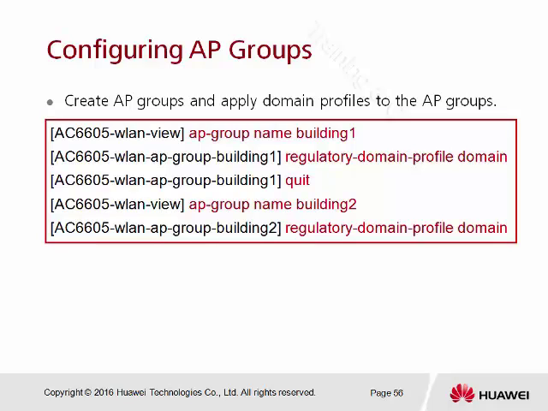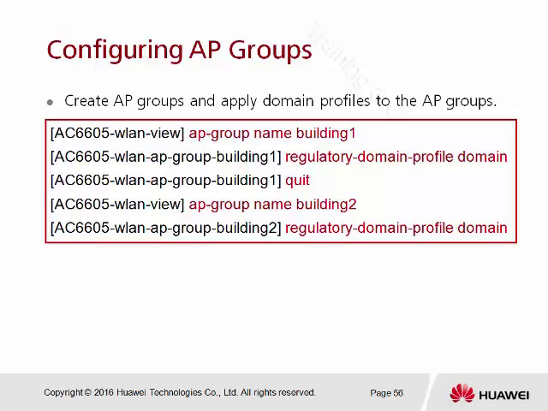The next step, configure the AP group. So now they're going back again to the WLAN view using the command ap-group, giving a name, building1. Because right now for all the design, I am required to configure 2 different networks. So for the first AP1 and AP2, later on, I'm going to bind them into this AP group.